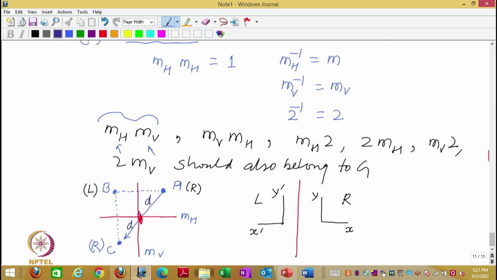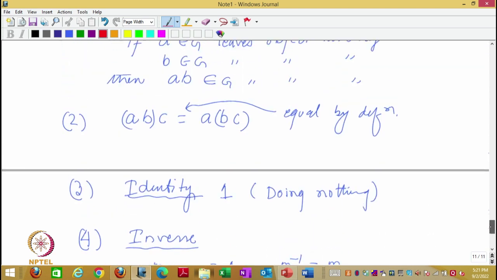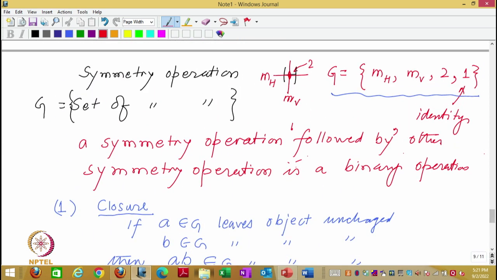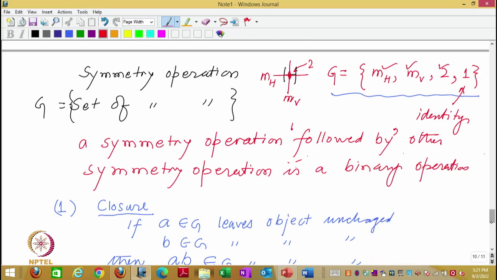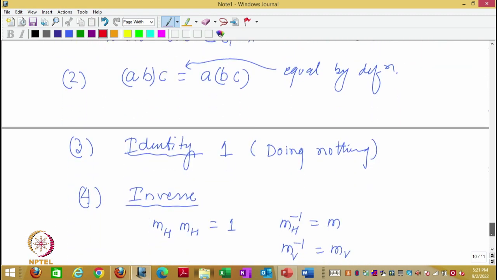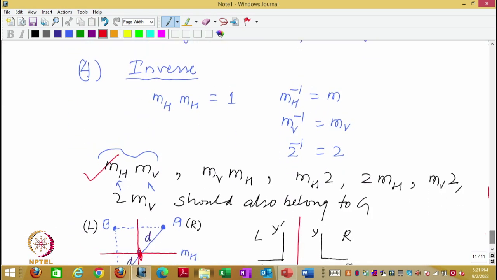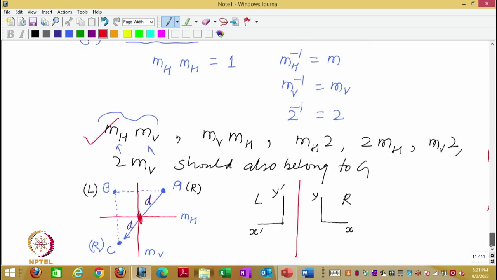So, actually MH and MV are included as 2, because we have included 2 in the group. So, the product of MH and MV is 2. You will find that MV MH is also 2. What will be MH2? MH2 will be MV.